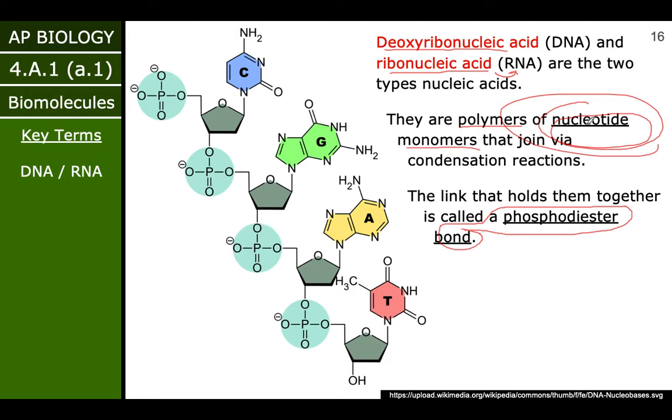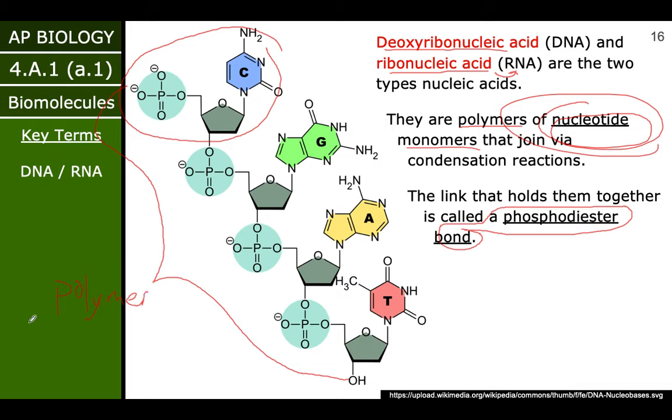But these nucleotides can be represented in this diagram. So this whole thing would be our polymer. And we know that polymers are made up of monomers.